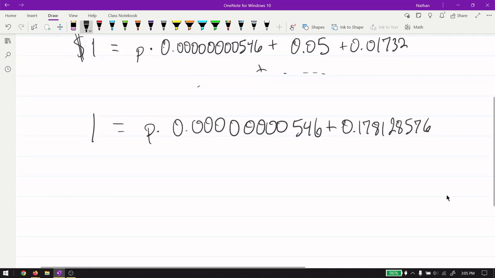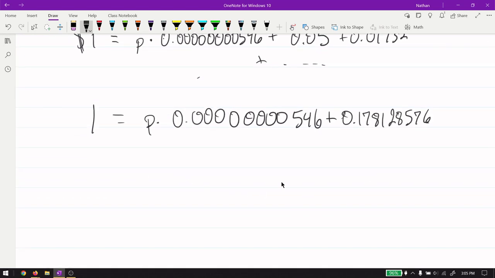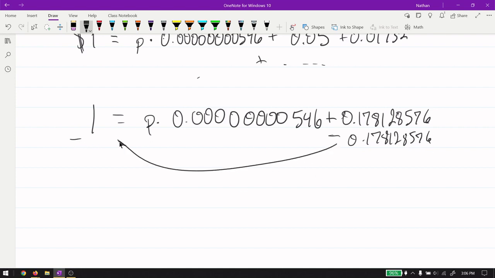And now all we have to do is solve this linear equation. So I can subtract this number over, I'll just subtract it over here, and then divide by this number, 0.000. So divide by whatever that is there.